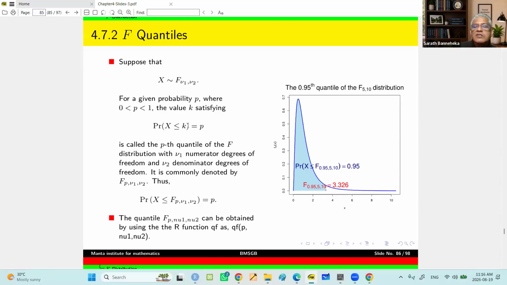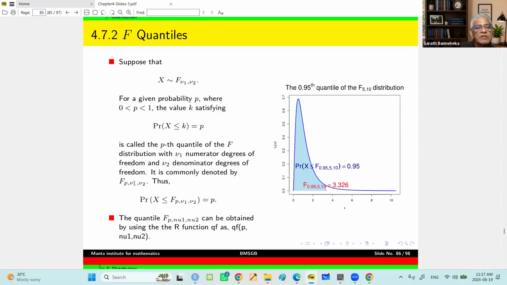Then this K is the one that we call the pth quantile of the F distribution with nu1 numerator degrees of freedom and nu2 denominator degrees of freedom. And it is denoted as this notation here, right? F, and then in the subscript, we write down P first, that is the probability, and then the 2 degrees of freedom in order.